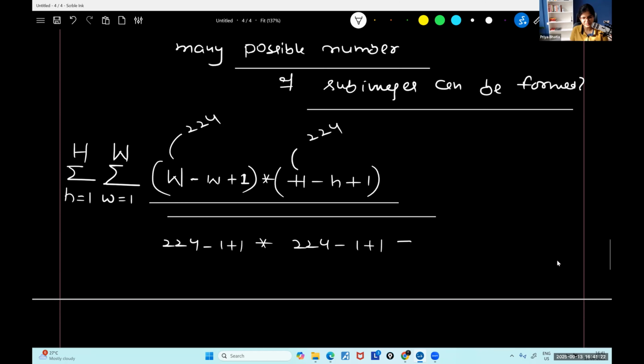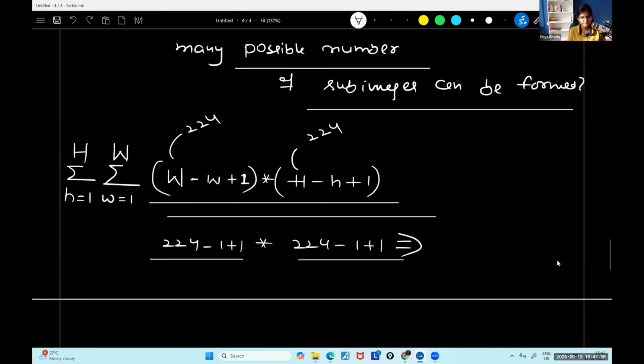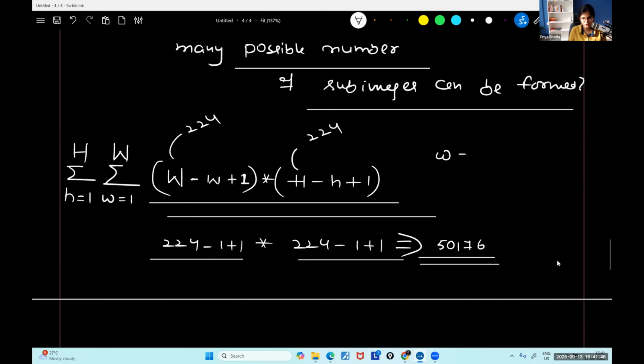So if you multiply these two for a single unit as 1, we will get some bigger value. What is the value, by the way? Can you do the maths? Someone said 50176. And this is when the value of small w and small h is equal to 1.